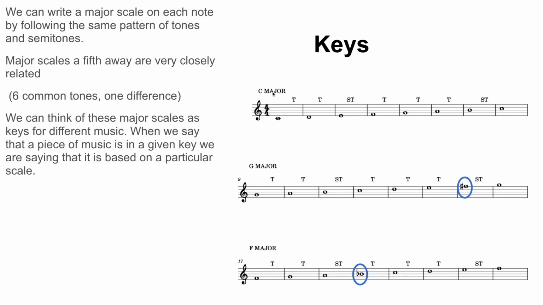Those of you who have watched my video on major scales will know that we've touched on the circle of fifths before. If you haven't watched that video, it might be a good idea to go back and have a look at it. One thing that came out of that video is that keys can be very closely related to each other or very distantly related, based on the number of common tones between those keys.